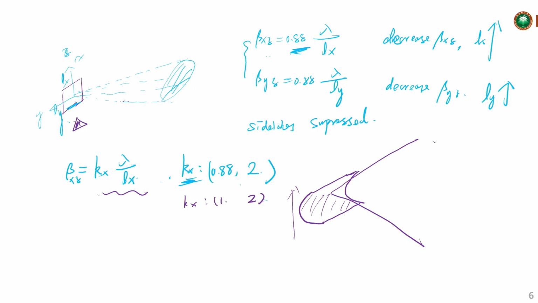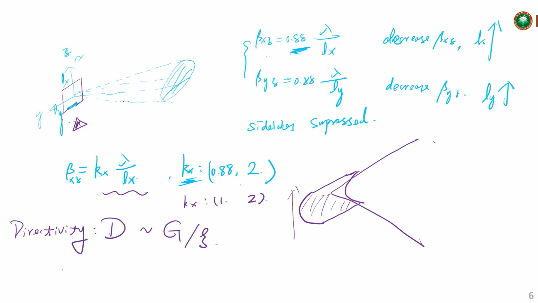Another thing that we want to introduce is directivity. Directivity D, capital D, is related to the antenna gain divided by an efficiency parameter eta.